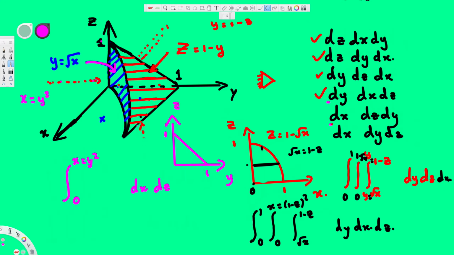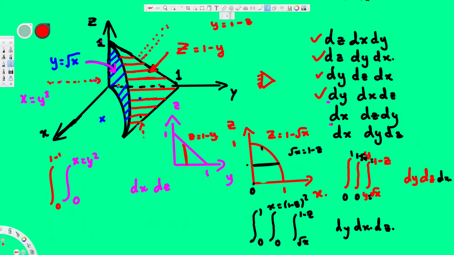Now if we are going to do z first, we have to draw a vertical line, okay? And the equation of this one is z is equal to 1 minus y, and this is starting from 0 and ending at this line. So starting from 0 and ending at 1 minus y.